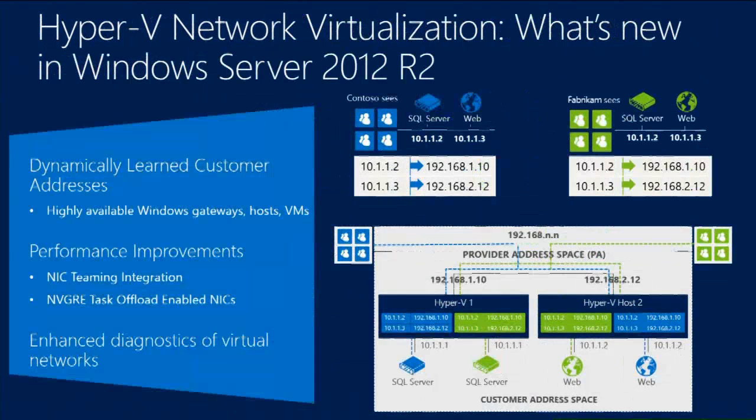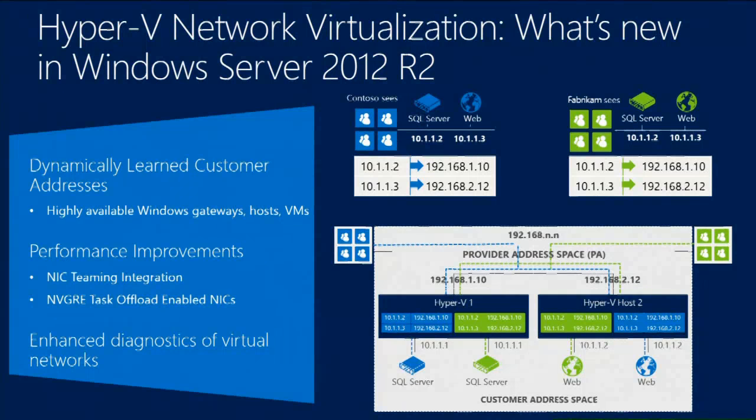So we had that foundation in Windows Server 2012. And in 2012 R2, what we're doing is we're allowing customers to bring more of their topology into the provider network.